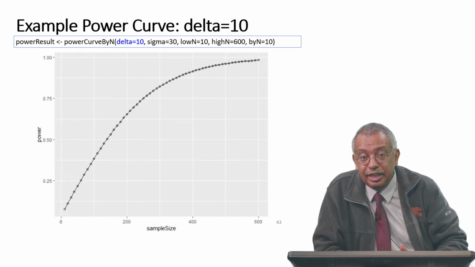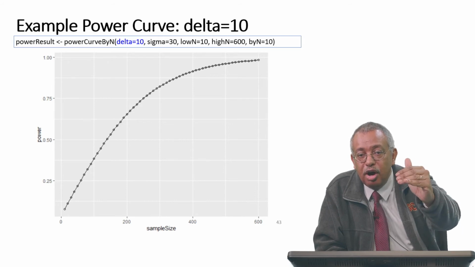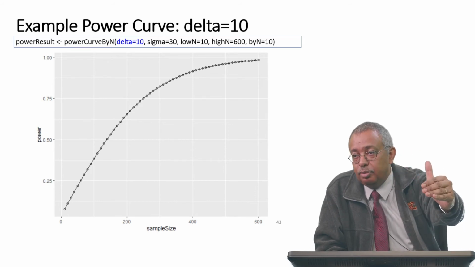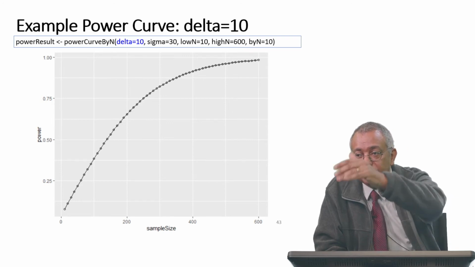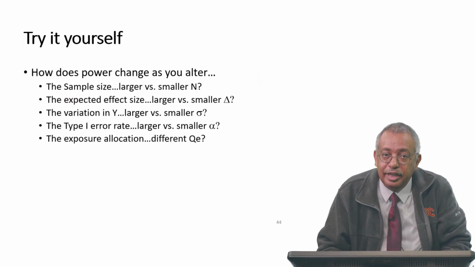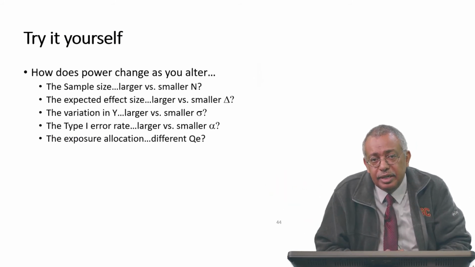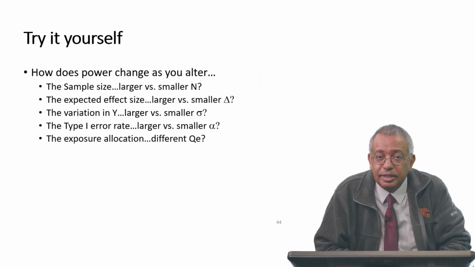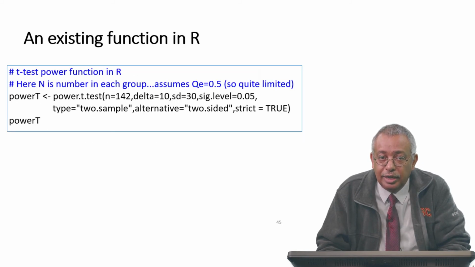And as you can see, if you're really willing to go with low power, then you can get away with a smaller number of participants. But if you're going for higher power, then the price is, of course, that you have to collect data from more participants. And of course, everything that I have said here, now that you have the code in the previous slides, you can try yourself: write the code yourself, understand it, and try to vary values so that you can come up with your own understanding.